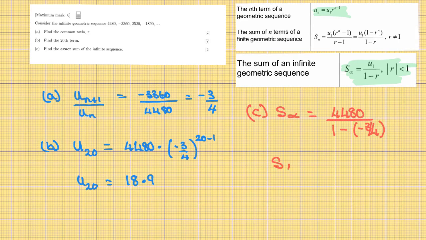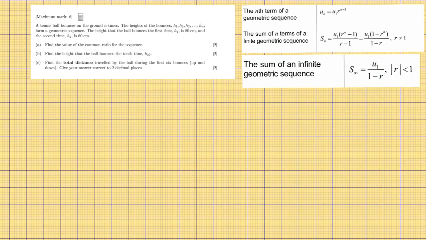So S to infinity is 4480 divided by 1 minus minus 3/4, which is 1 3/4. So the sum to infinity is 2560.